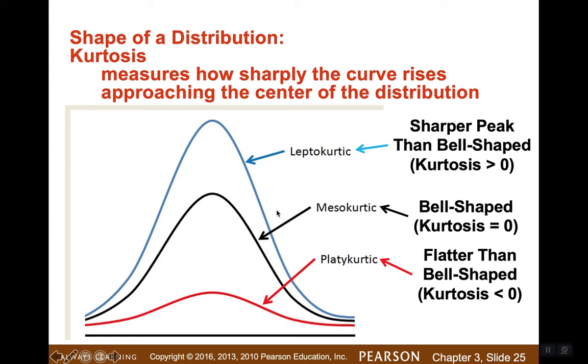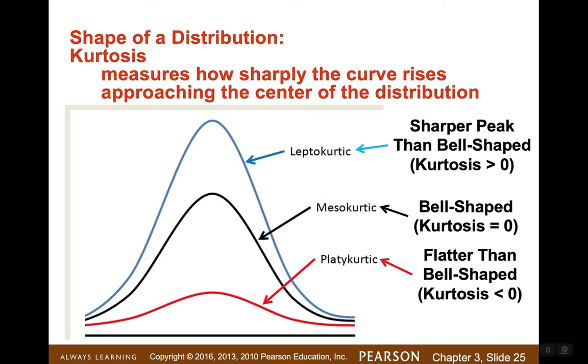A sharper curve, a sharper peak, means that kurtosis is greater than 0. The formal term for that is leptokurtic. If it's flatter, lower than a bell-shaped curve, then it would be platykurtic.